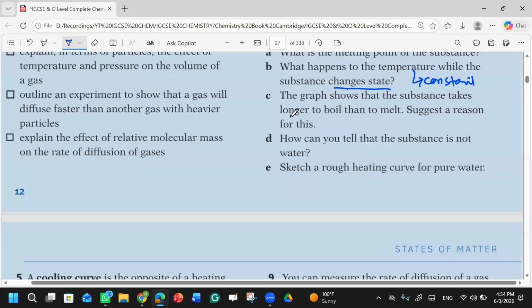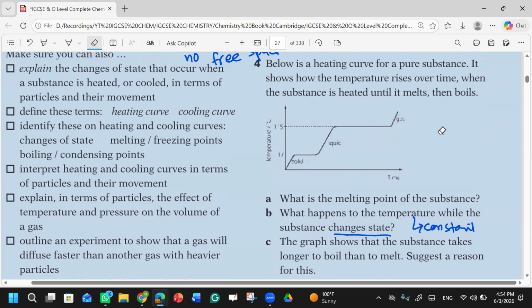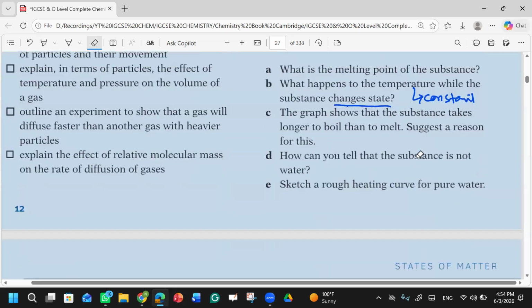The boiling point of water is exactly 100 degrees, and the melting point is 0 degrees, right? So you see over here, this is not the same. It is melting at 1 degree and boiling at 1.5 degrees. That is why it is not water. Maybe it is something else.